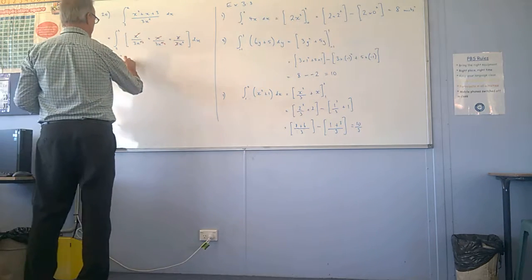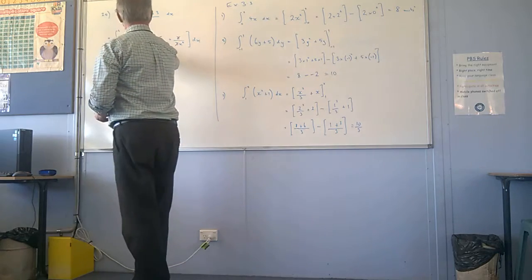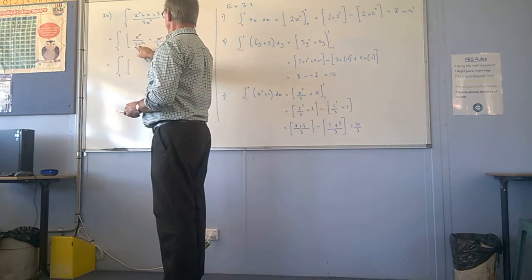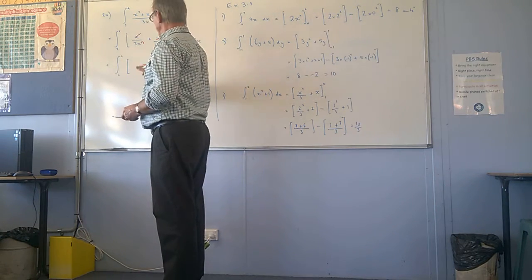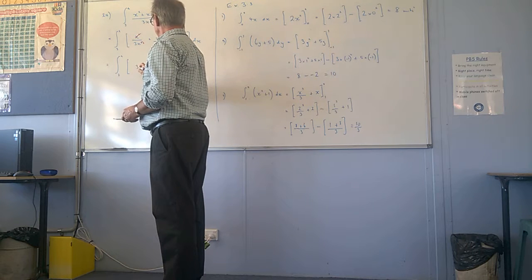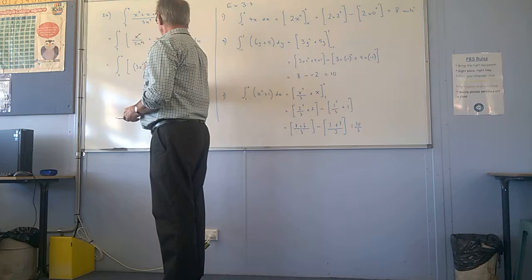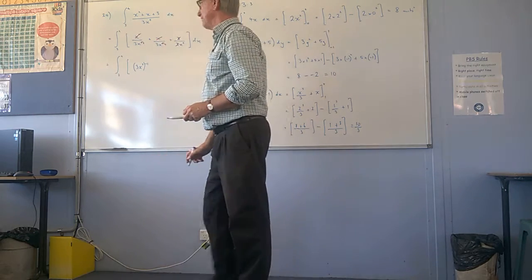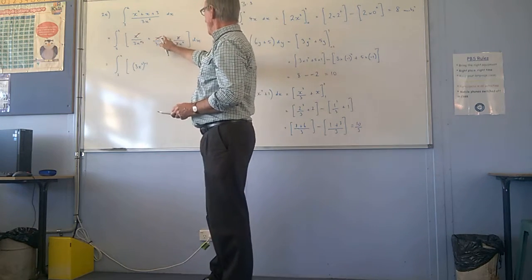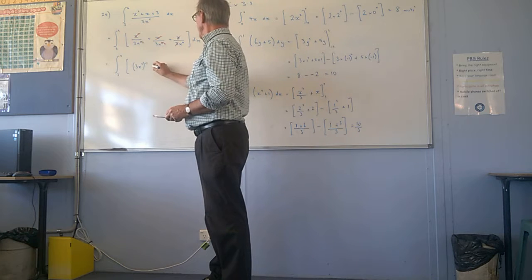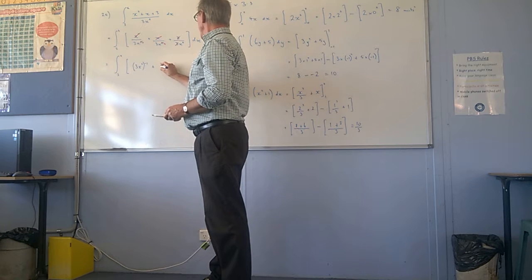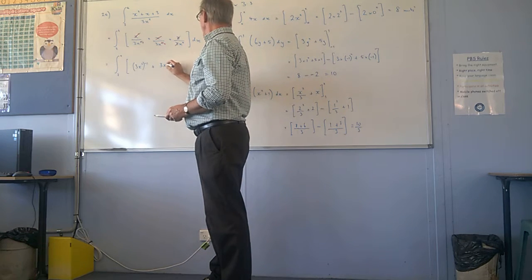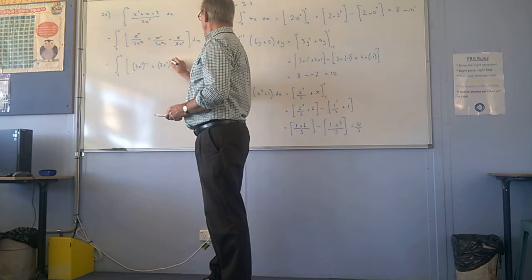So what do I have now? That's 1 over 3x cubed, yes? So do you agree that that's 3x cubed to the minus 1? This is going to be 1 over 3x to the 4, so that's 3x to the 4 to the minus 1.